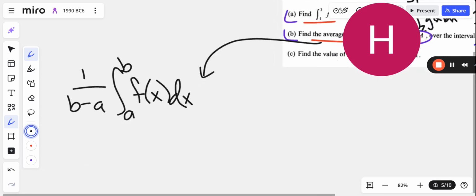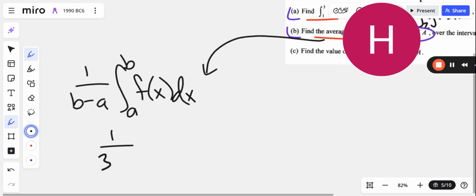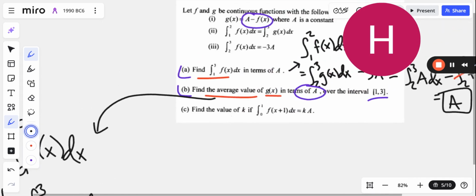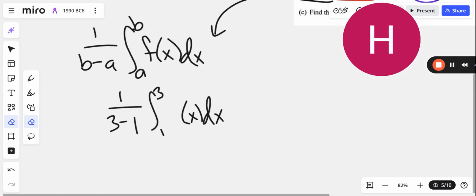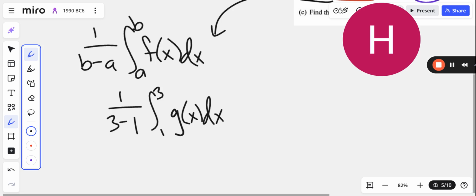In this case it's going to be 1 over 3 minus 1 times the integral from 1 to 3 of f of x dx. And we just did the integral from 1 to 3. Oh, sorry, this is g of x this time. So here we're using g of x. Yeah, that seems more appropriate.